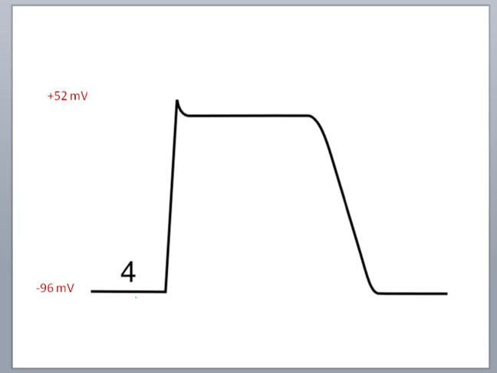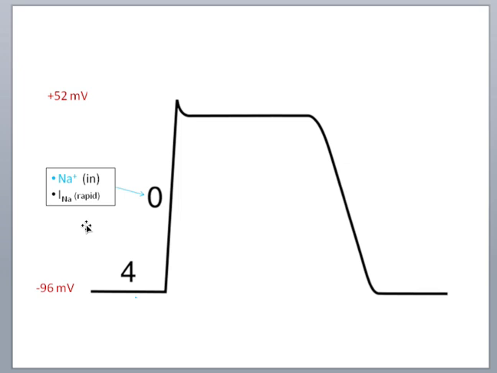Now we're going to go into what they call phase 0. Phase 0 is this rapid, steep incline here. What happens in this situation is the rapid sodium channels are going to open and allow the sodium ions that are held outside the cell to rush into the cell.